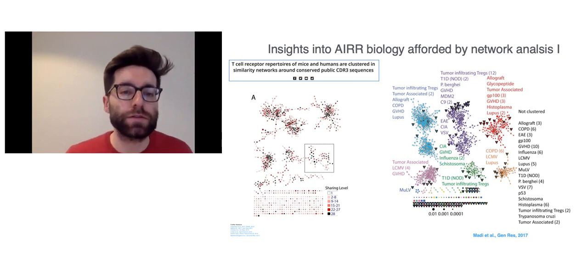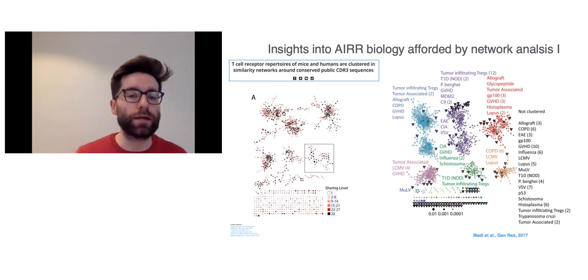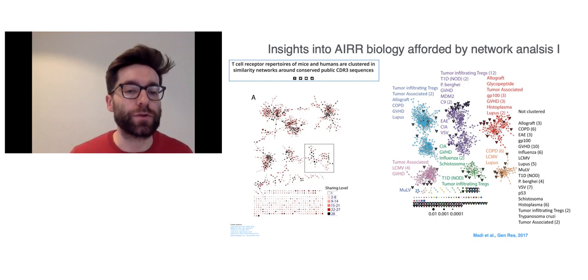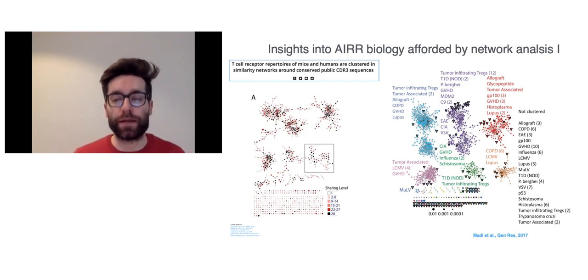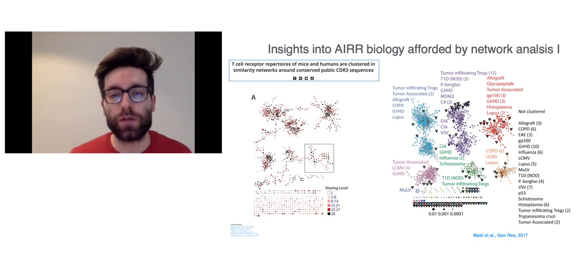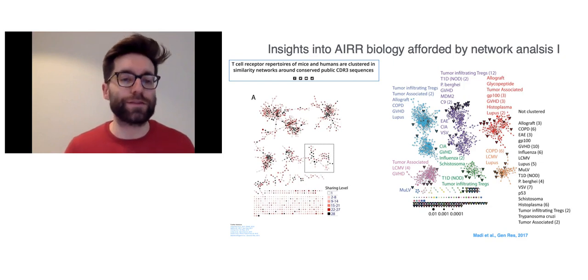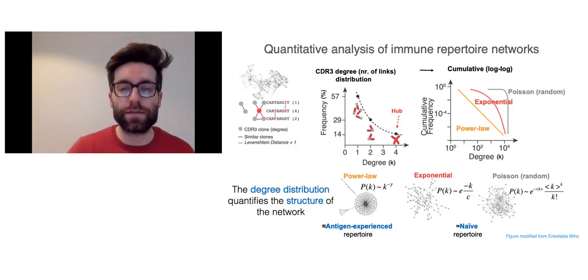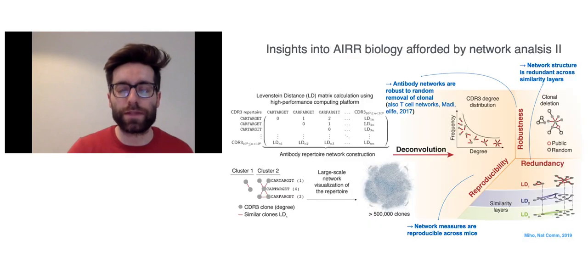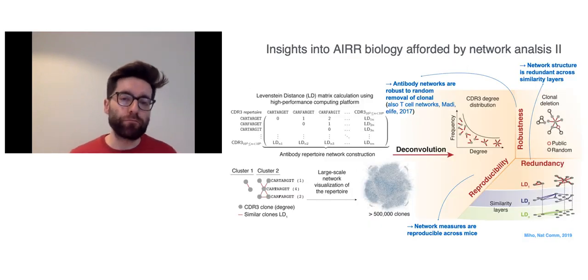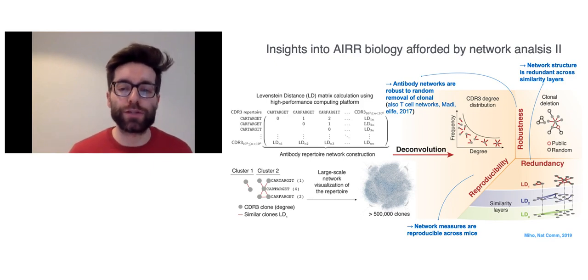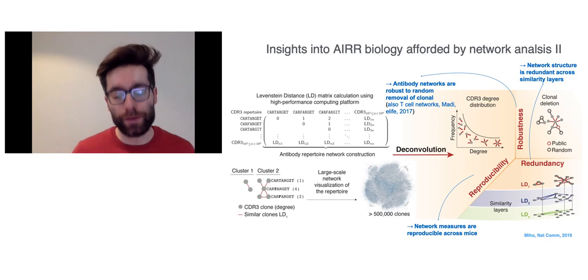Public clones have been, for T cells, for example, also linked to antigen binding, as was shown by Mahdi et al. in Genome Research. There you see that sequences with common antigen binding clustered together. We also showed that public clones are very important for your network to keep its architecture intact.